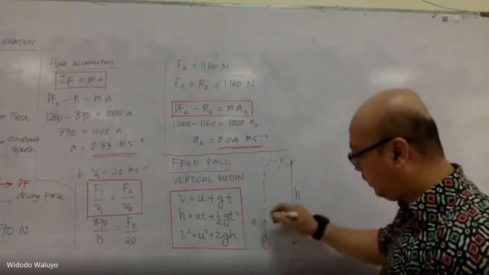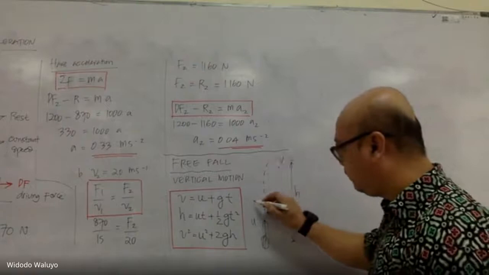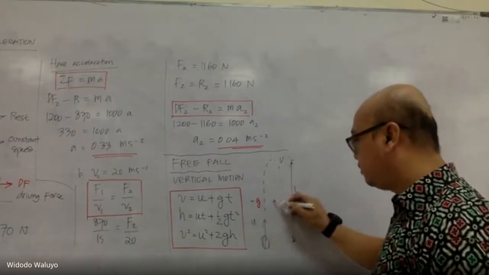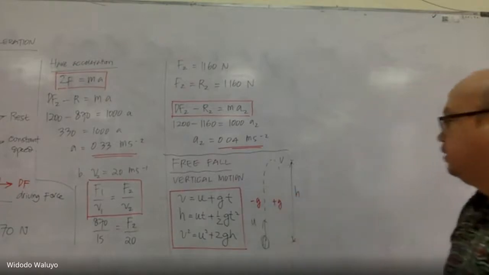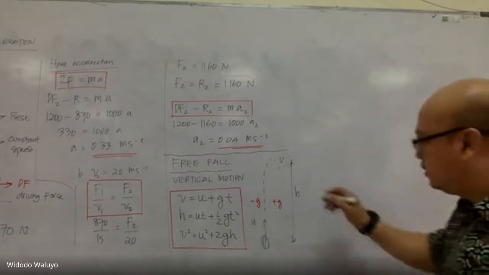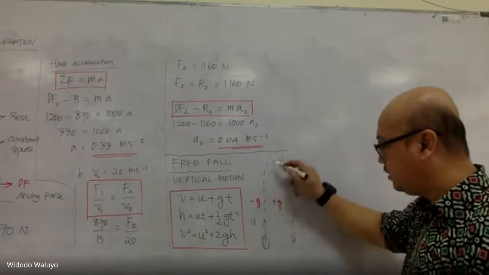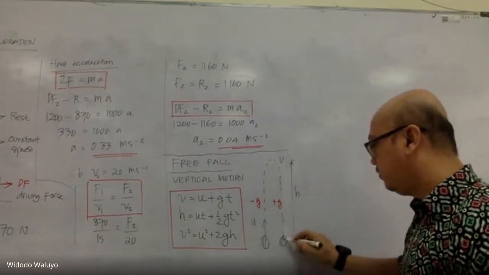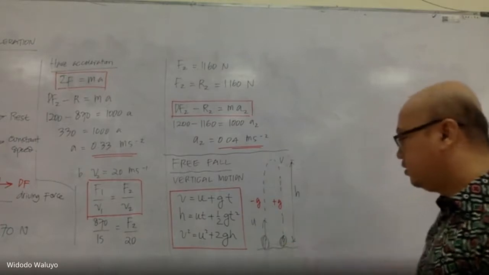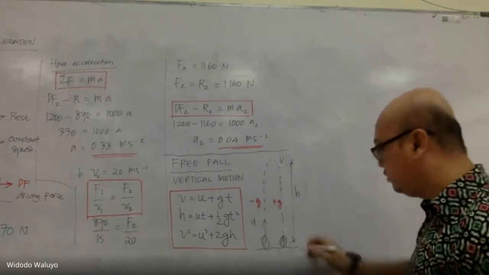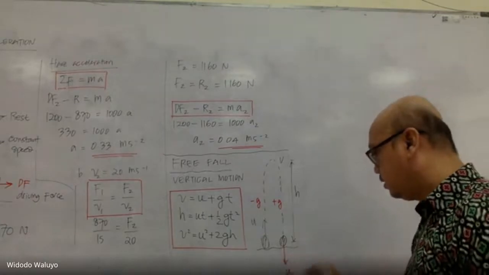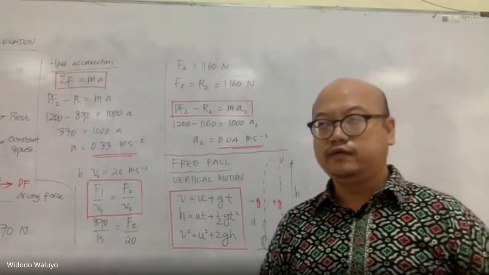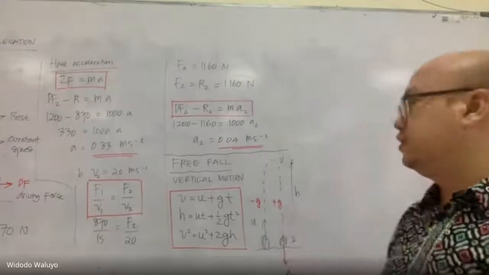When they go up, they have deceleration, minus g, and when we go down it is positive g. This is about decelerating, and this is about accelerating. When they hit the ground, the velocity is the same as u, but in a different direction.